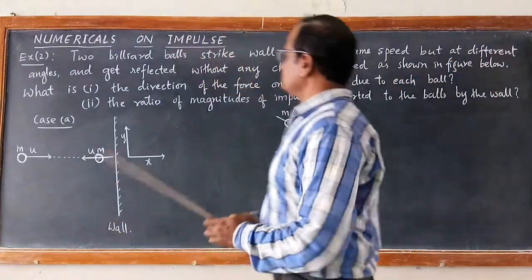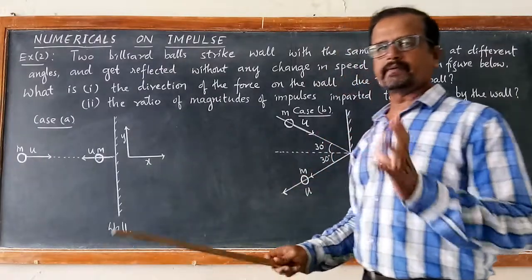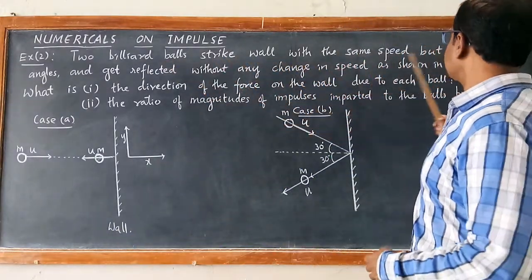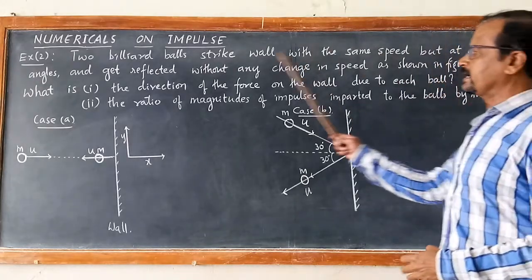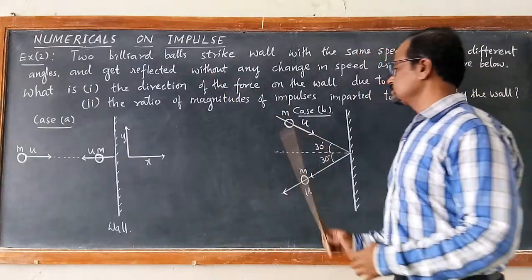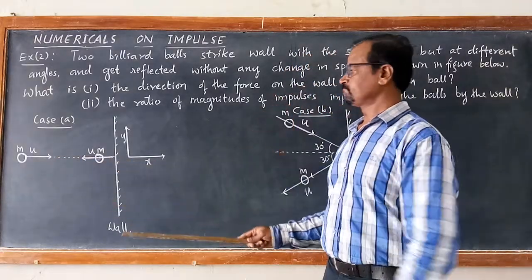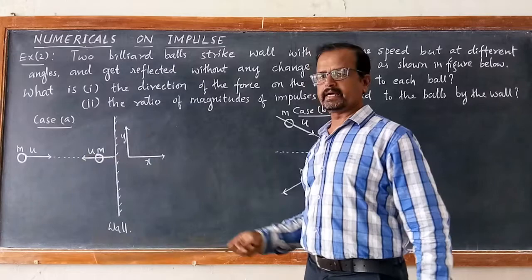Here there are two billiard balls, both having the same masses. The balls strike the wall with the same speed but at different angles. There are two situations. In the first, the ball hits the wall straight along the perpendicular line.